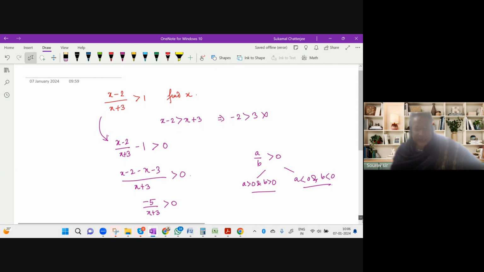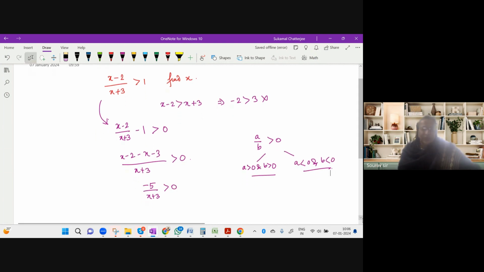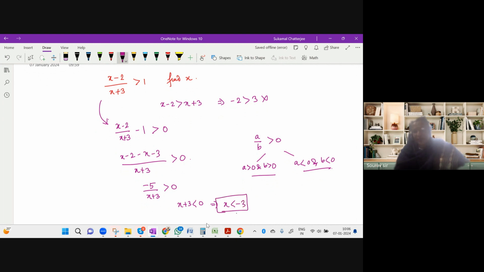So x + 3 has to be less than 0, or x has to be less than -3. Now you put any value of x less than -3, and you'll see that this inequality is valid.